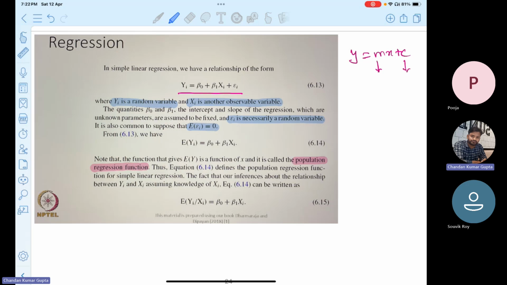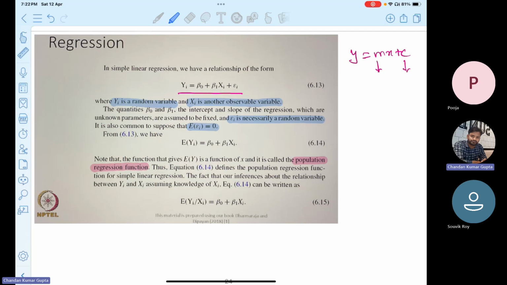Now with the help of equation 3, if we take the expectation, then expectation of yi equals expectation of beta naught. Since beta naught is unknown but constant, the expectation of beta naught is beta naught itself. Then for expectation of beta 1 xi, beta 1 is taken outside the expectation, so it is beta 1 times expectation of xi.